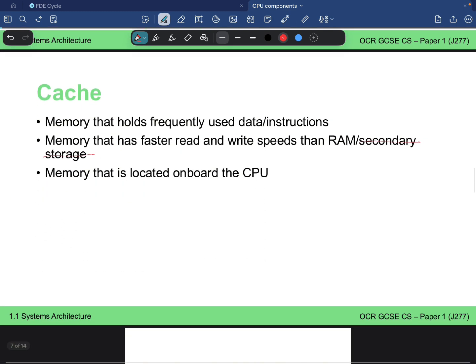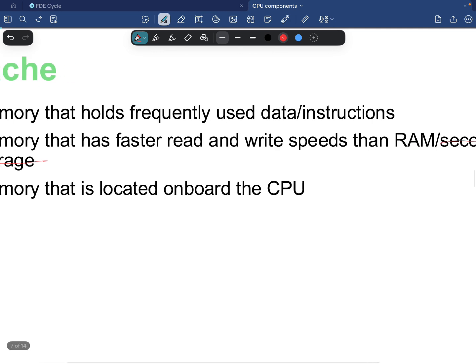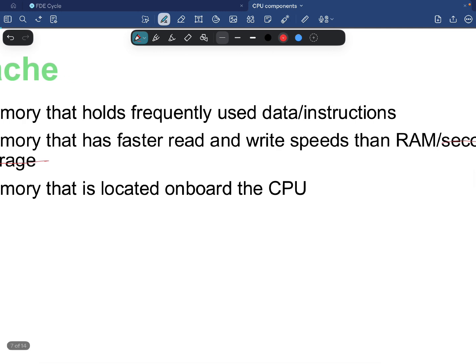So here we have cache. Cache is memory that holds frequently used data and instructions. It is also memory that has faster read and write speeds than RAM. Cache is also memory that is located on board the CPU. Cache has faster read and write speeds than RAM.